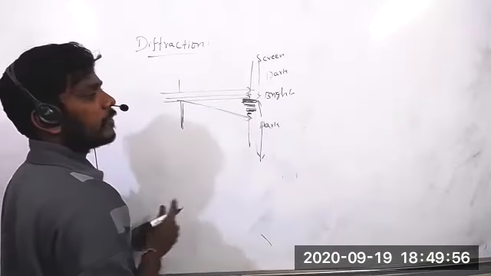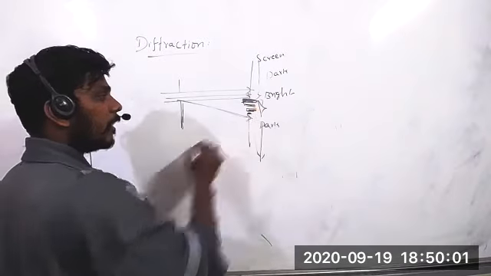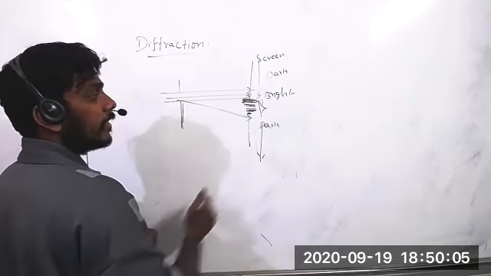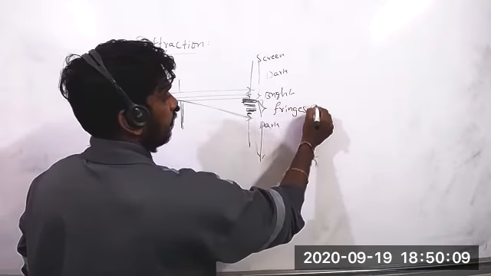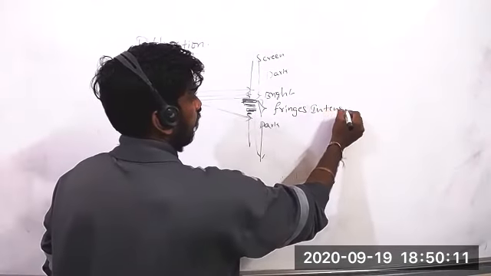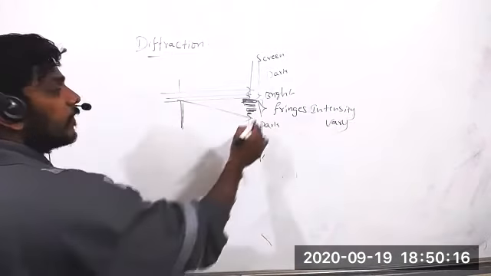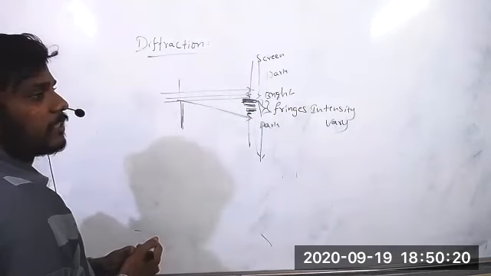After that, a dark fringe will be there. Like that, when the fringes are forming, the fringes' intensity will vary. So these fringes are nothing but diffraction fringes.